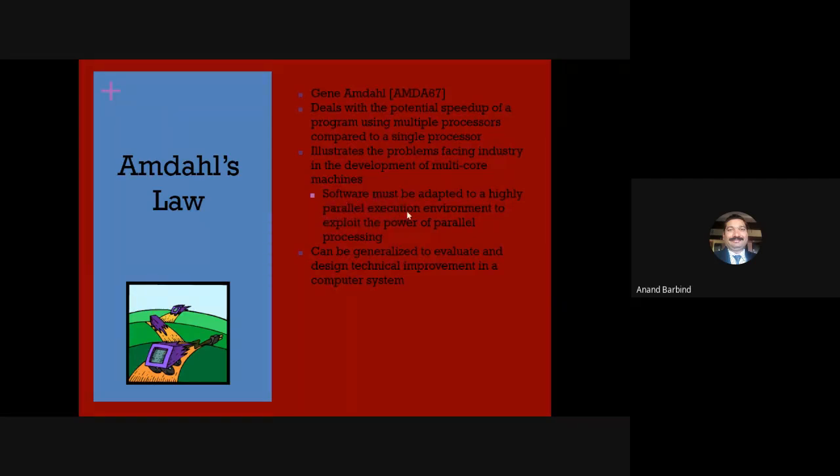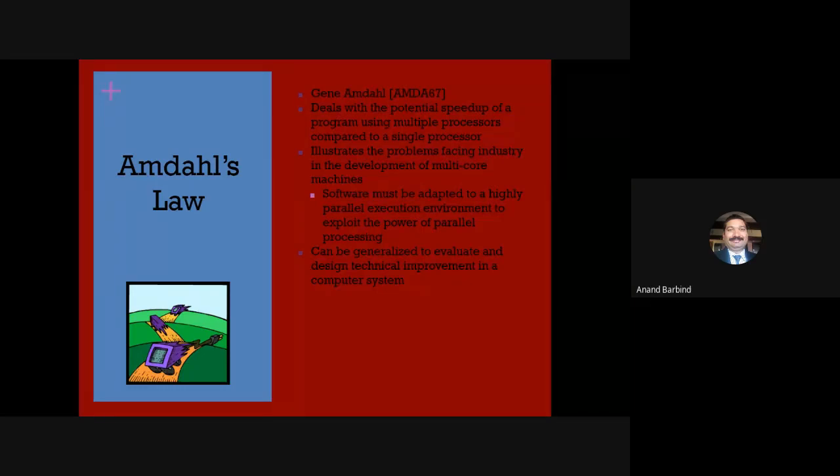And the characteristics of your program also matter. If it is possible to execute the different parts of your program simultaneously, then that will help to speed up the execution of the program. But if there is a huge dependency between the different parts of your program, then even if you employ more processors, you cannot execute those simultaneously, because there is a lot of dependency between them.